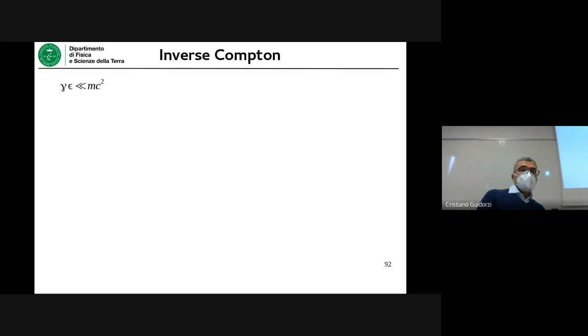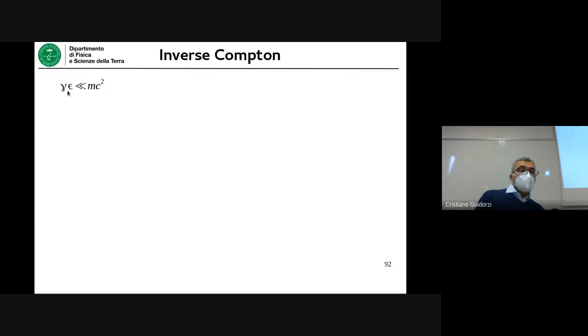So I remind you that the condition that must be fulfilled in order to have a gain of a factor of gamma squared in the energy of the photon is that in the comoving frame of the electron, the energy of the photon has to be negligible with respect to the rest energy of the electron, which means in the comoving frame of the electron, the scattering has to be Thomson scattering.